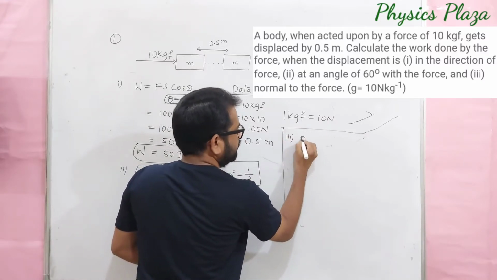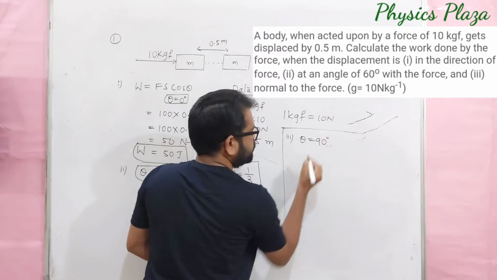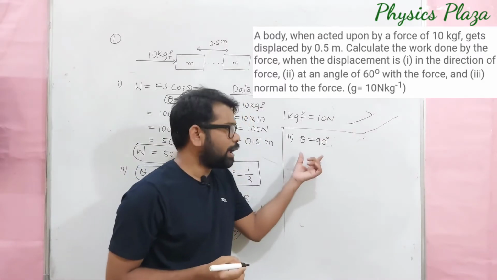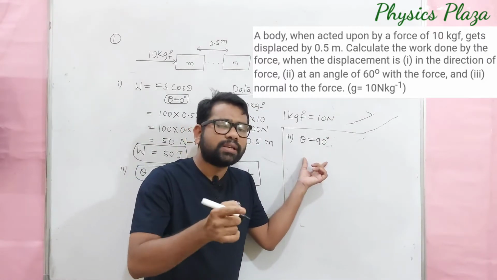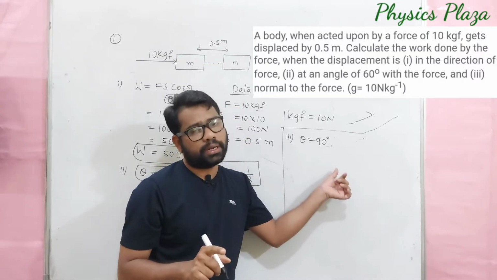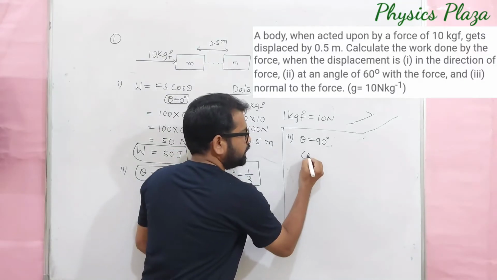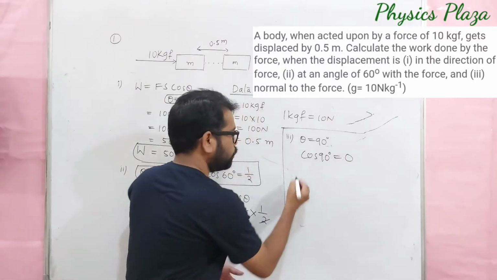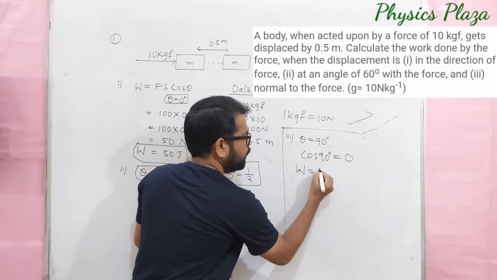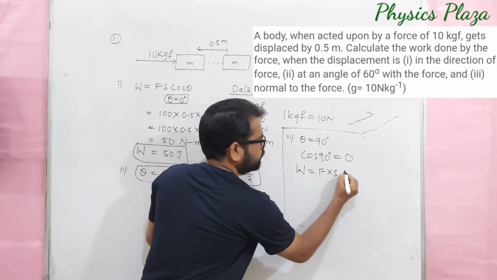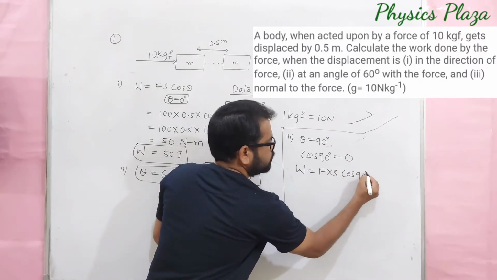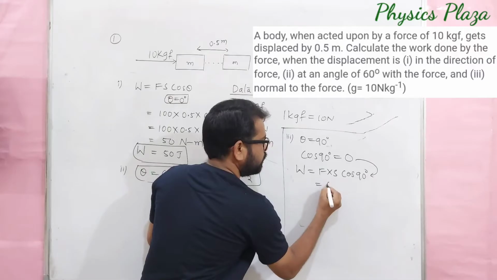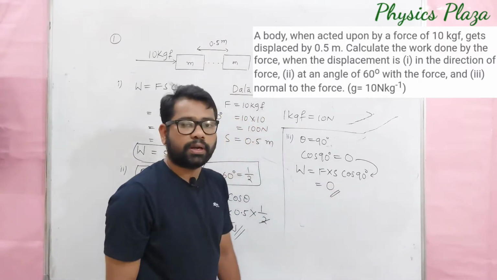So, what is the work done when theta is equal to 90 degrees? Children, we know that cos 90 is equal to how much? Cos 90 is 0. So, W is equal to F s cos 90. Anyhow cos 90 is 0 only. So, here work done is 0.